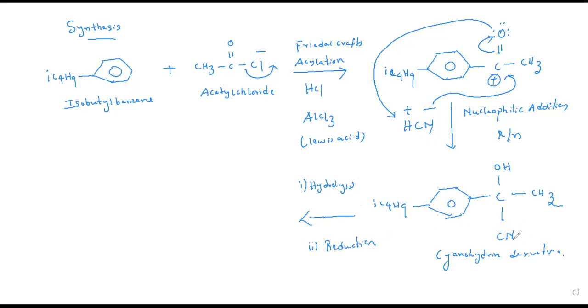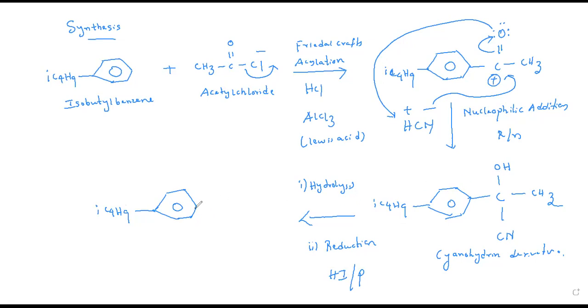When cyanides undergo hydrolysis, you will get the corresponding carboxylic acids. Similarly, it also undergoes a reduction process in the presence of hydroiodic acid and phosphorus. Reduction is nothing but the removal of the oxygen atom.